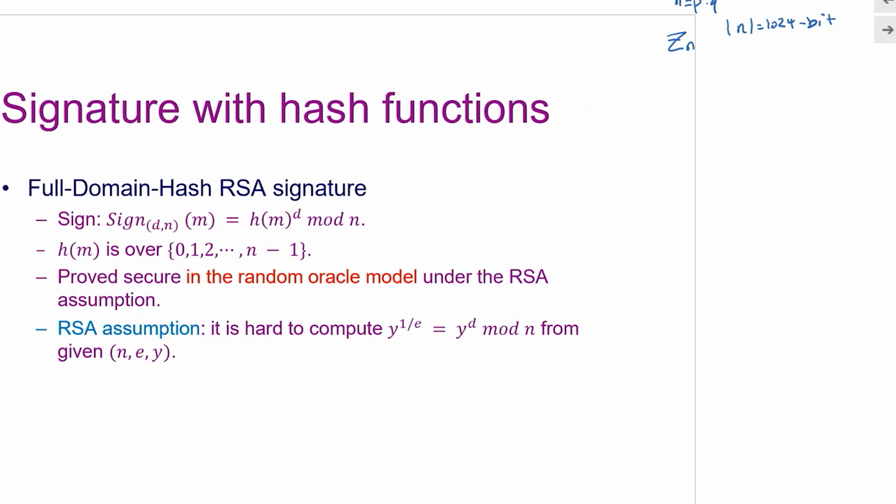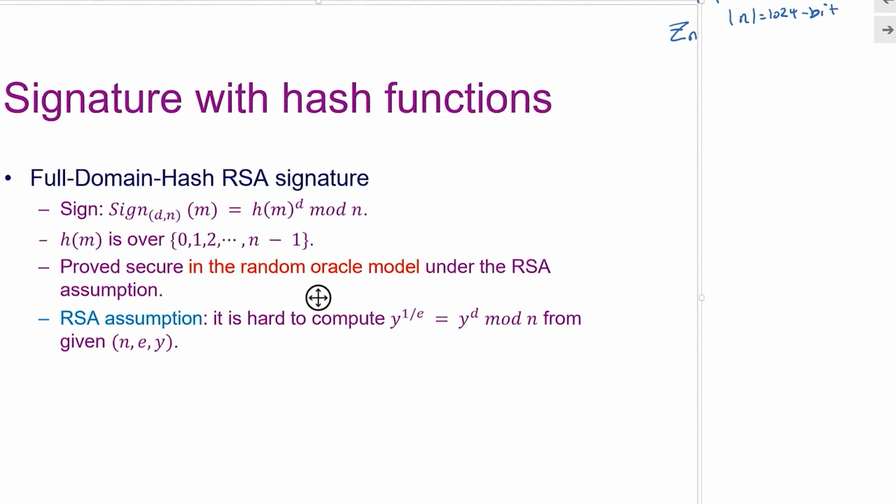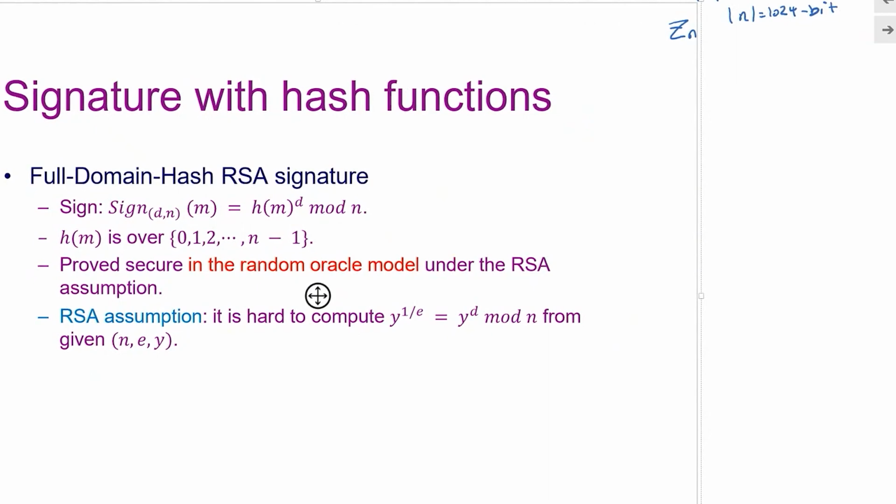So that's what we know. We are in an RSA cryptosystem, and the group that we are working on takes up to 1024 bits. That being said, we know that the outputs of hash functions are usually 128 bits, 160 bits, 200 bits, 512 bits.